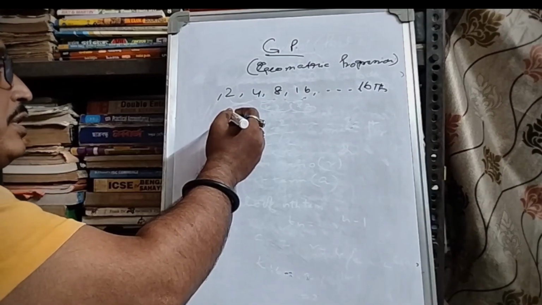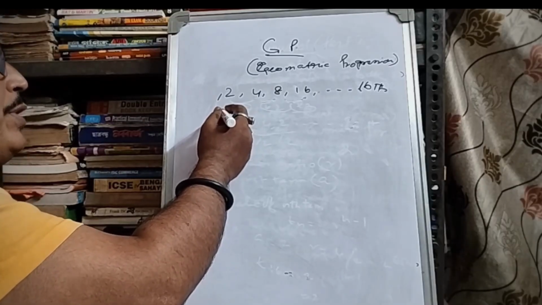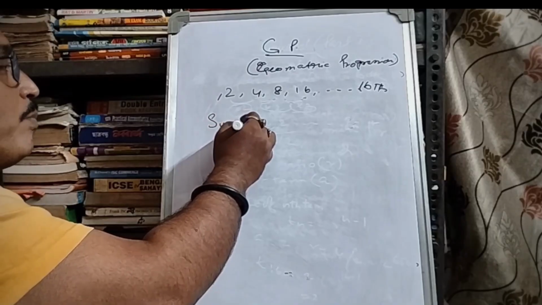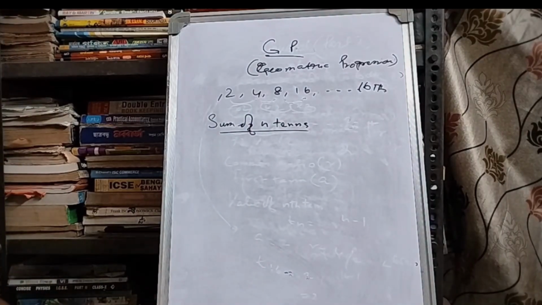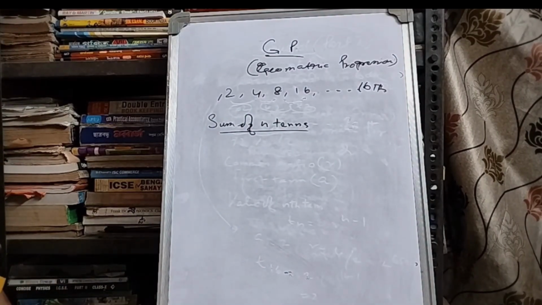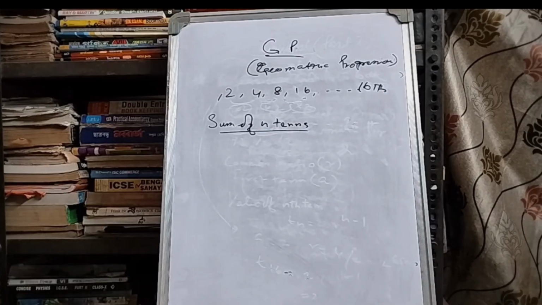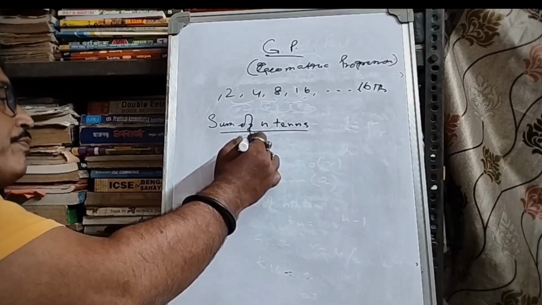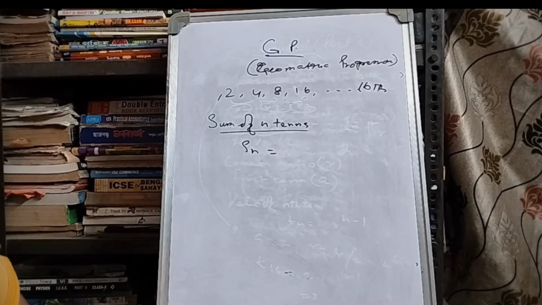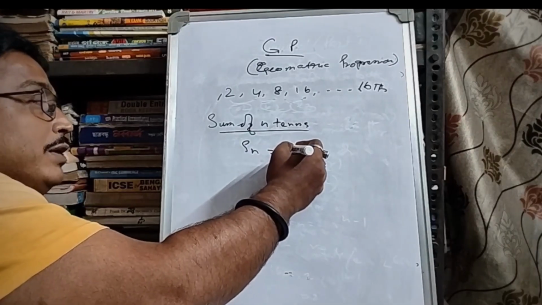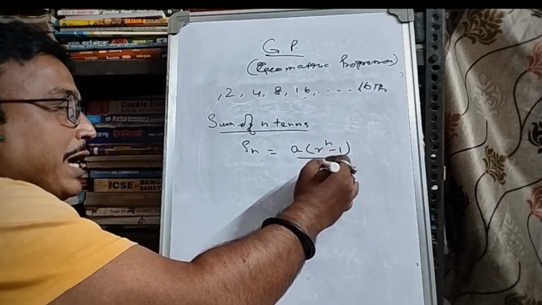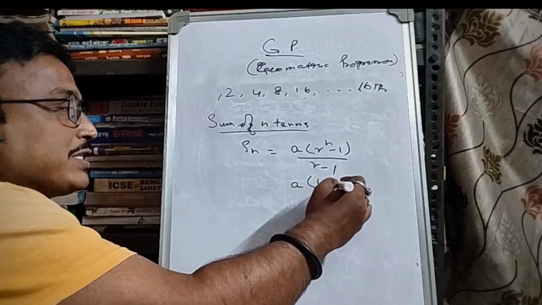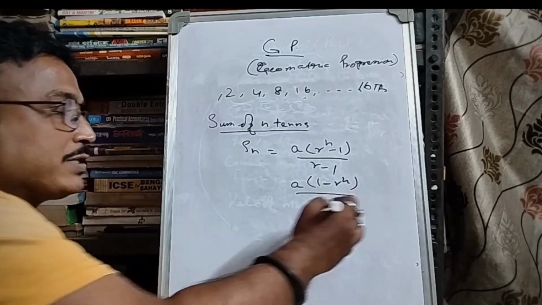If in your question you have to find out the sum of n terms, it has two formulas: a (r to the power n minus 1) divided by (r minus 1), and a (1 minus r to the power n) divided by (1 minus r).